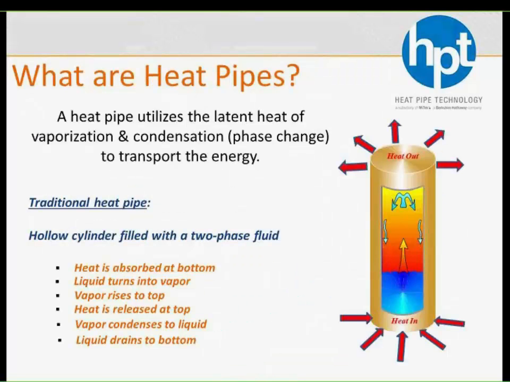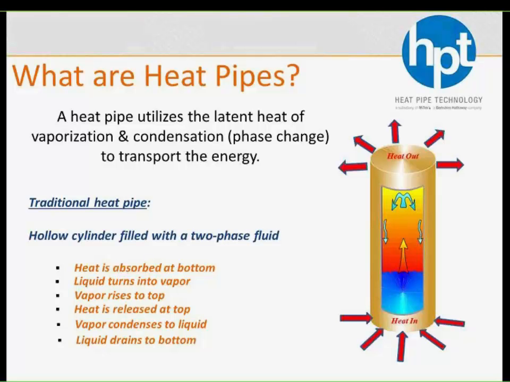Now, before I talk about the wraparound heat pipe, some of you may not be familiar with how a heat pipe actually works. Basic, simple process. In our case, it would be a copper tube filled with refrigerant. You have heat in on the bottom and heat releases on the top. What's physically happening is we have a refrigerant in there that's changing phase from liquid to vapor.